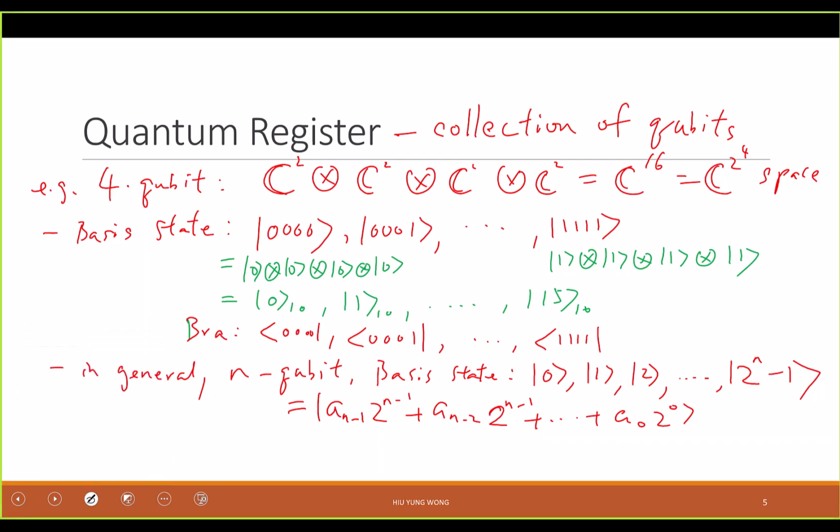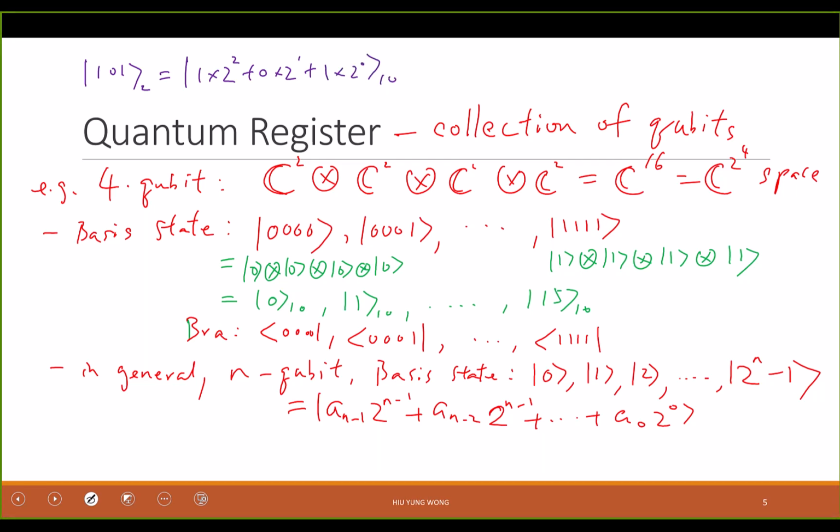This one I know is confusing, but let's take a look at this example. 101. This is in binary. It is equal to what? 1 times 2 to the power 2, plus 0 times 2 to the power 1, plus 1 times 2 to the power 0, in decimal. Is that okay? So what is this? 4 plus 0 plus 1 equals 5.